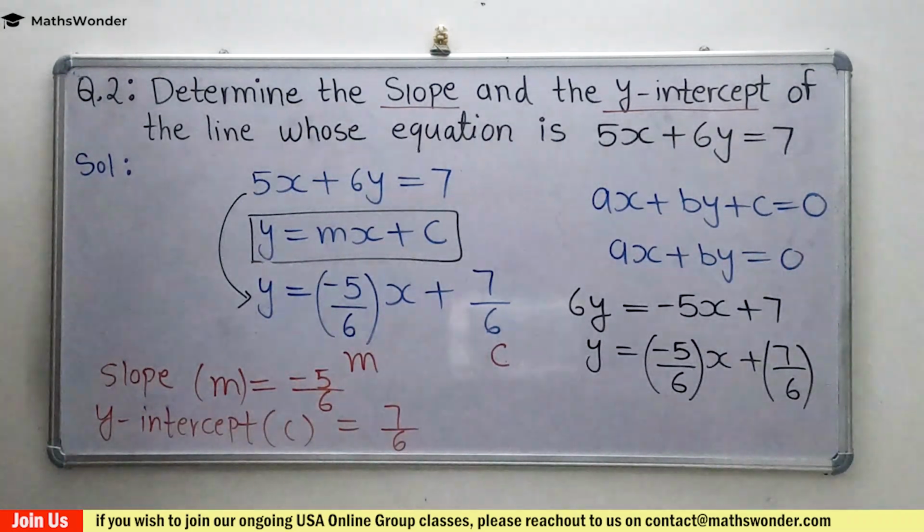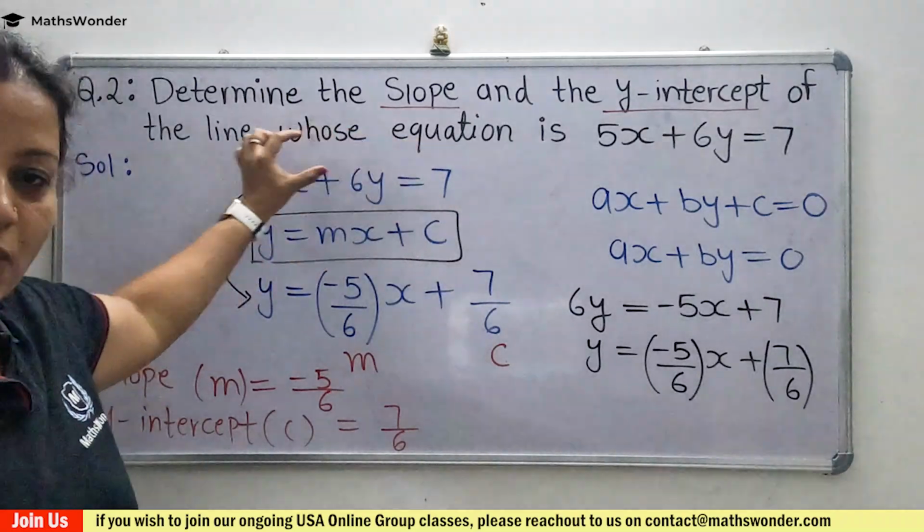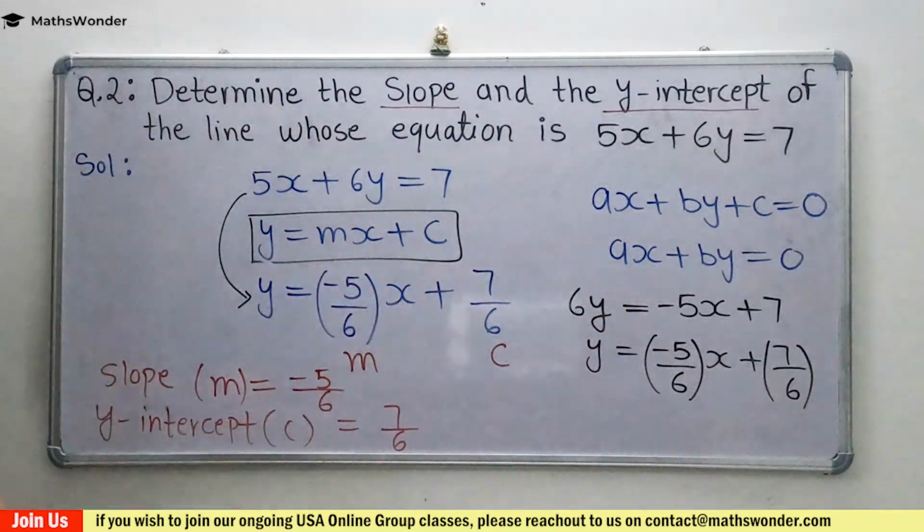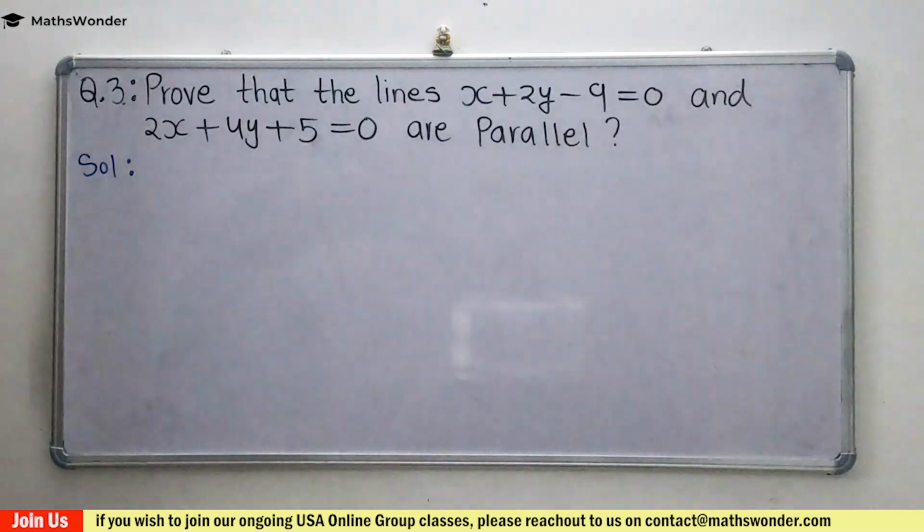Sometimes the equation is given in this form, so you have to convert it into this form, and then you can determine the slope and the y-intercept. So the questions come in other forms.